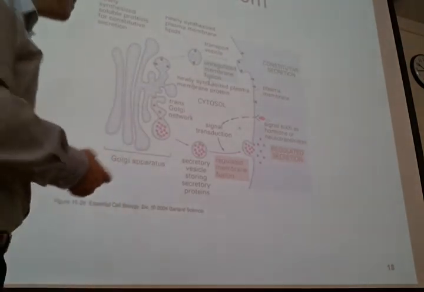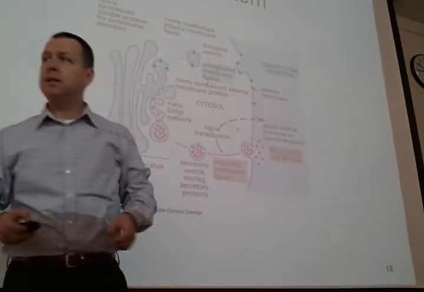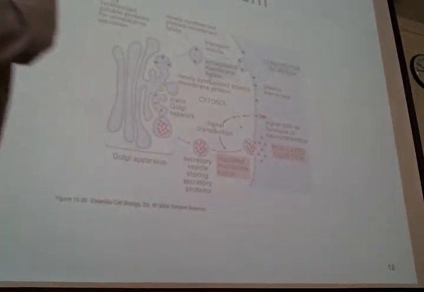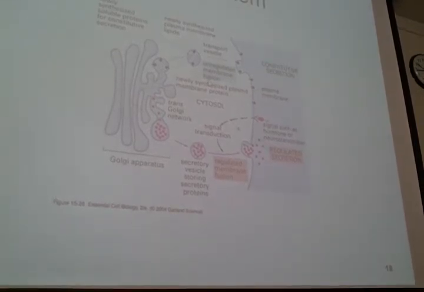Insulin, though, is a good example of the other type, called regulated secretion. We're not always dumping insulin into our bloodstream. When's the only time we need insulin? Right, you just had a big candy bar or a big donut or something like that, when you have a lot of sugar.